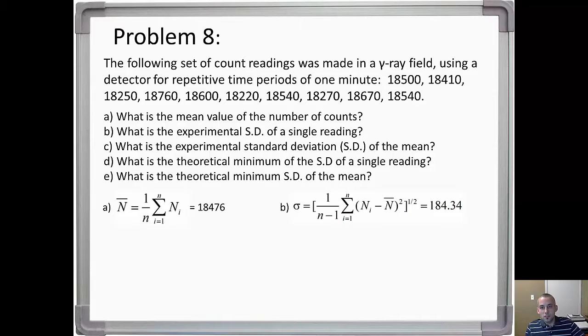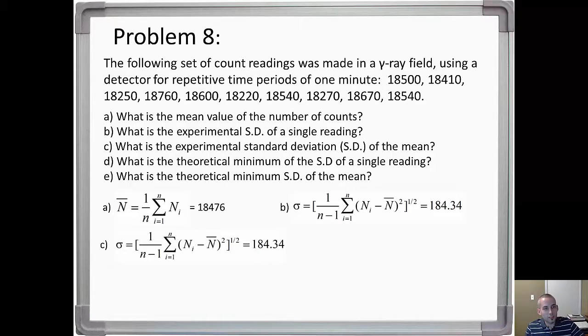All you essentially do is you put this value in here minus the mean, square it, plus the next one in here minus the mean, square it, plus the next one in here minus the mean, square it. Add up all of those, multiply by 1 over 9, because it's 10 minus 1. And then I take it to the exponent 1/2, and this is my answer.